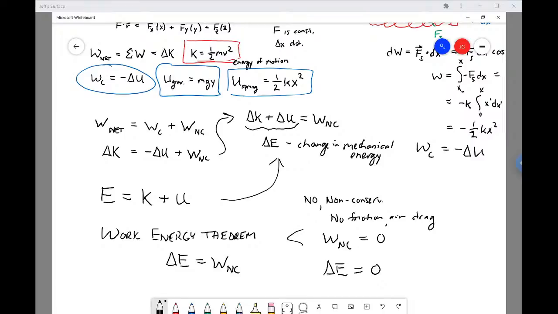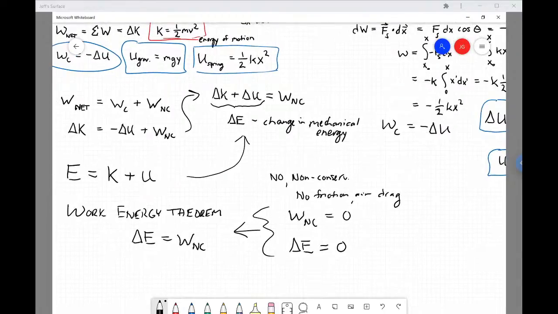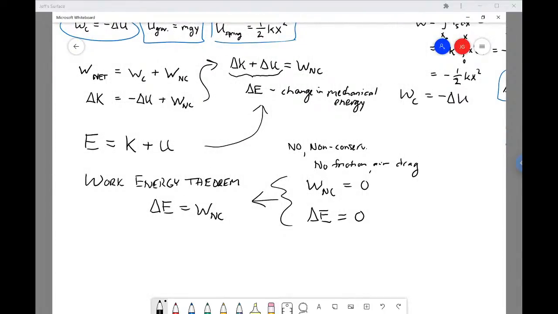This follows from what I have over here. And if that condition is met, we say mechanical energy is conserved.